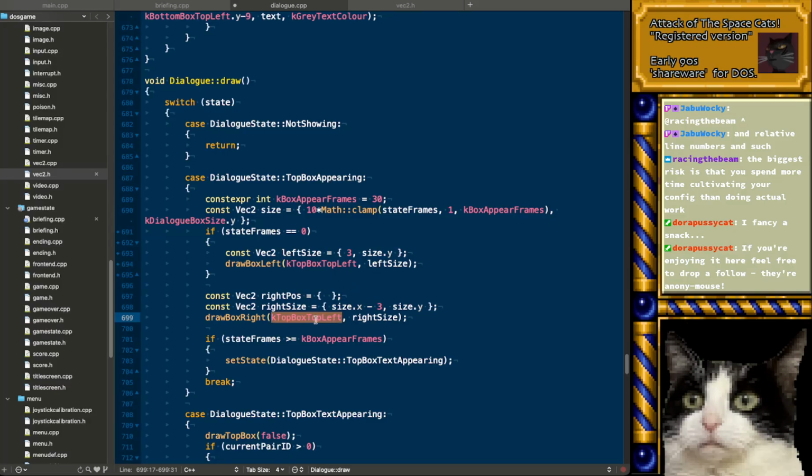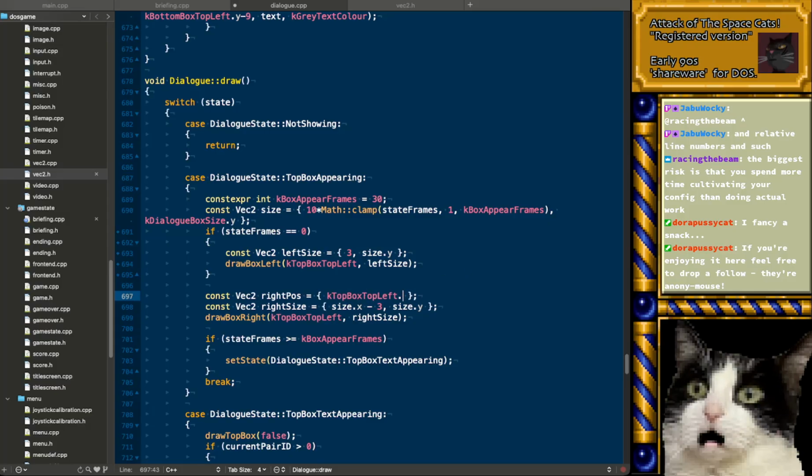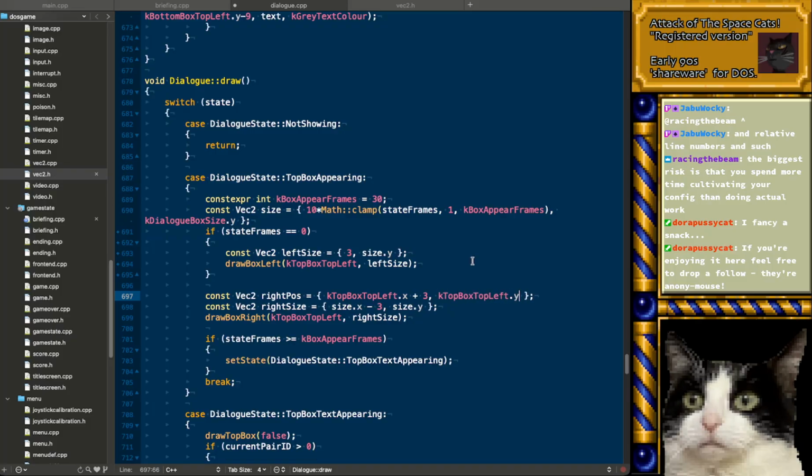No, top left x plus 3. Yeah, well, box top left y, because the y is the same, but we've moved along 3 pixels. The right size is 3 less pixels. Okay.